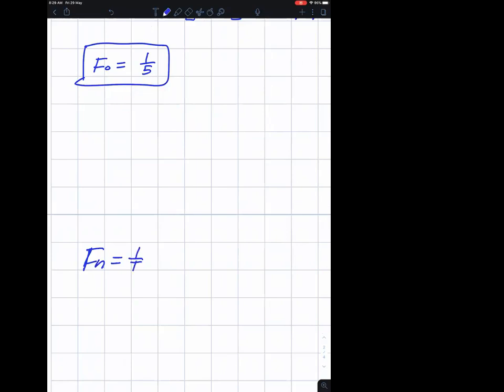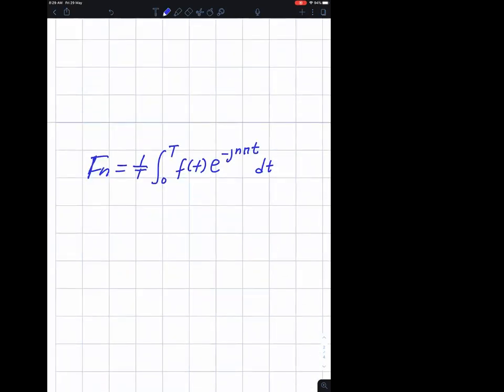So it's going to be 1 over T, integral from 0 to T, and then f(t), e to the minus j n omega t. Is this the right formula I'm using? I'm also recalling from memory. Correct. This is not pi, this is omega, omega naught.